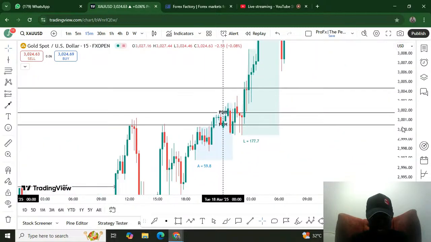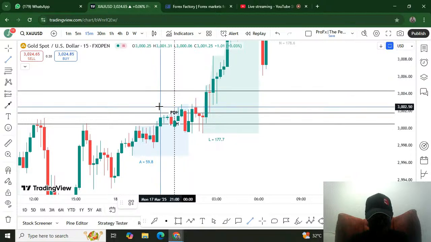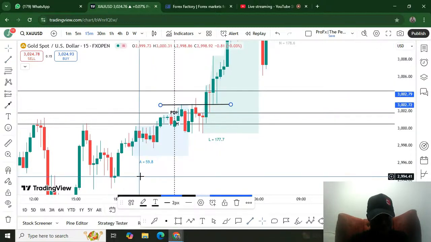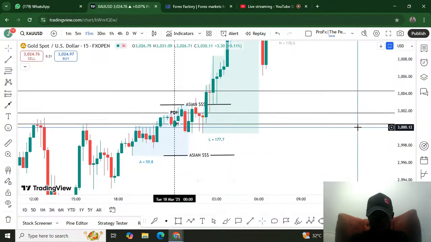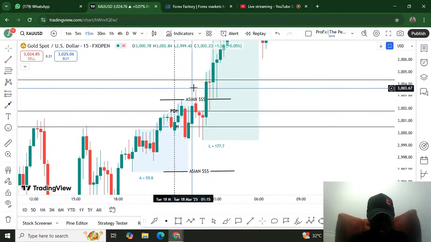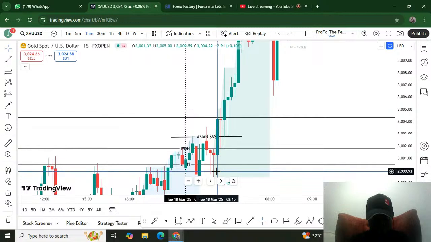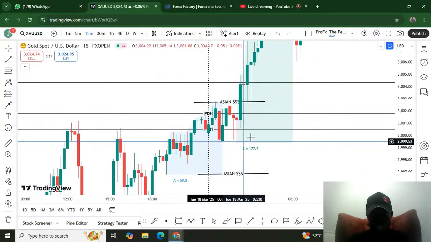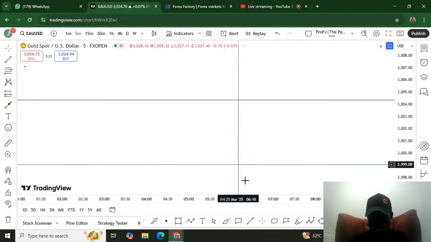Notice how price moved during the session on Tuesday. This is Asian high and Asian low. Right? So on 15 minutes, you can see that price started going below, then we broke above. This is the breakout. We broke out. So we started trading below. Then at London, we saw a breakout. That's the confirmation that we are bullish for the day.